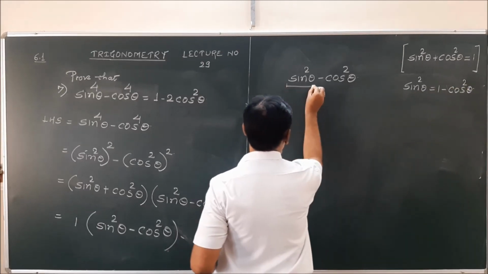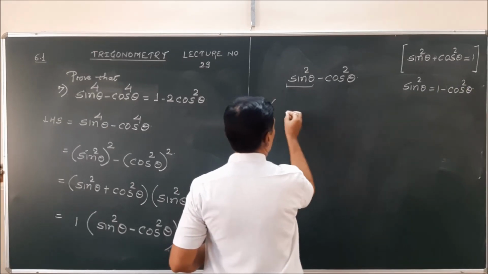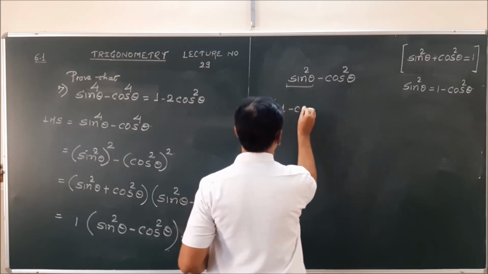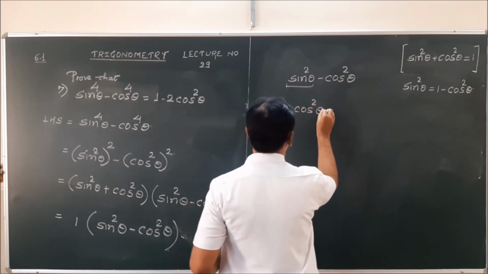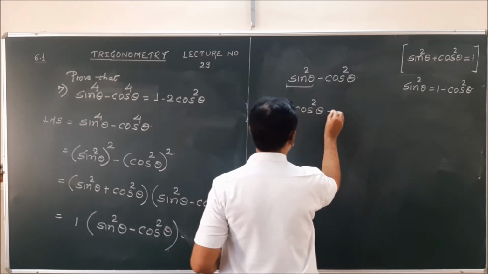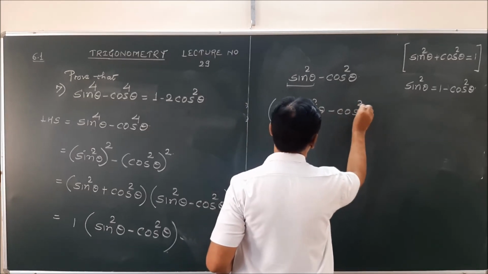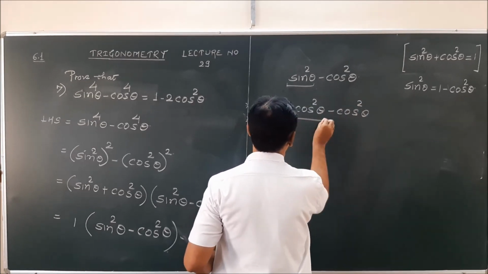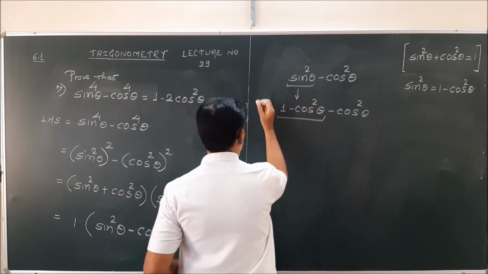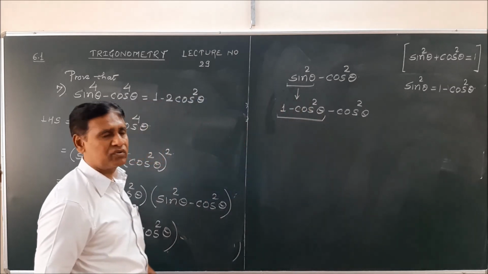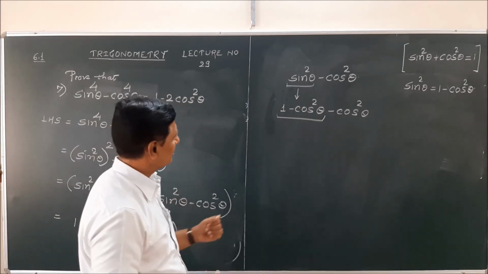So for this I will write over here 1 minus cos square theta. This minus cos square theta as it is. I substitute for sin square theta as 1 minus cos square theta.